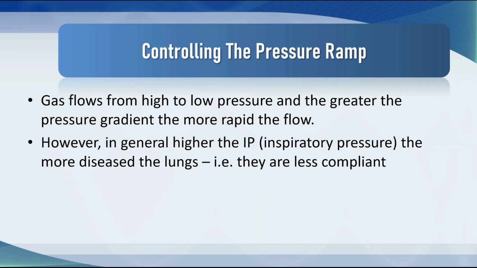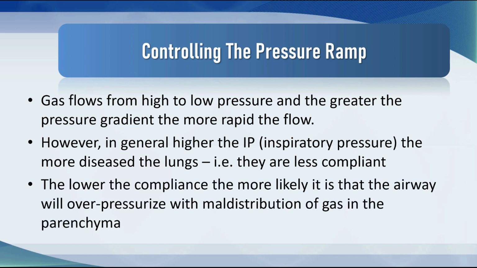However, in general, higher inspiratory pressures are given to patients with more diseased lungs because their lungs are non-compliant. And the lower the compliance, the more likely it is that the airway will overpressurize with maldistribution of gas in the parenchyma if very rapid flow rates are delivered.